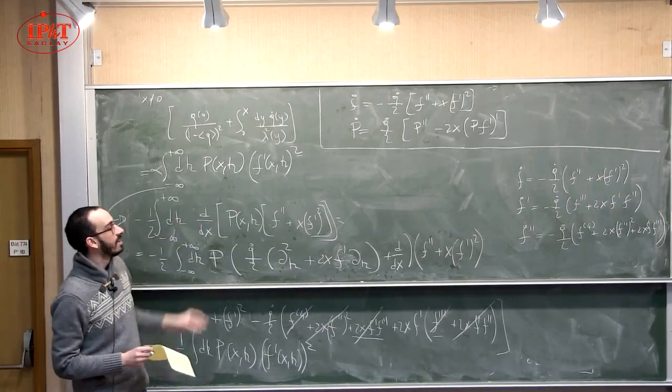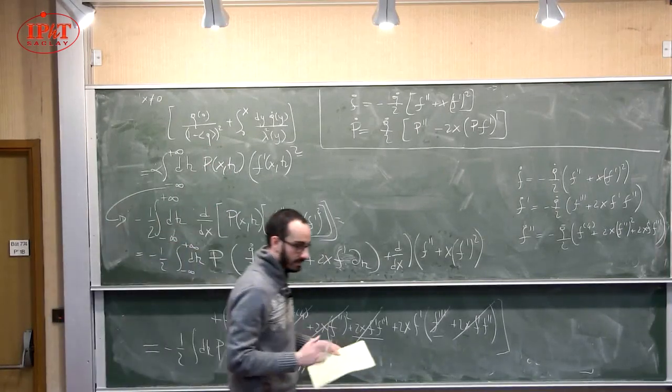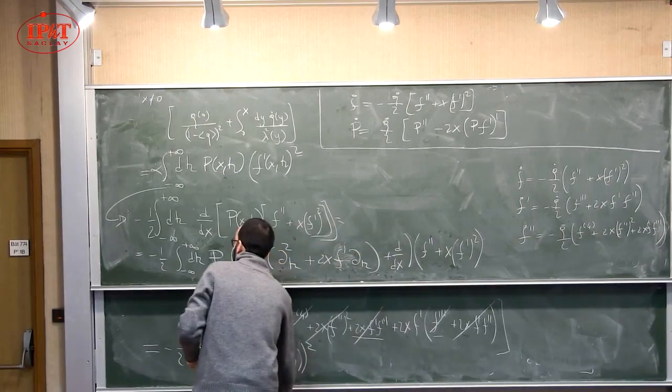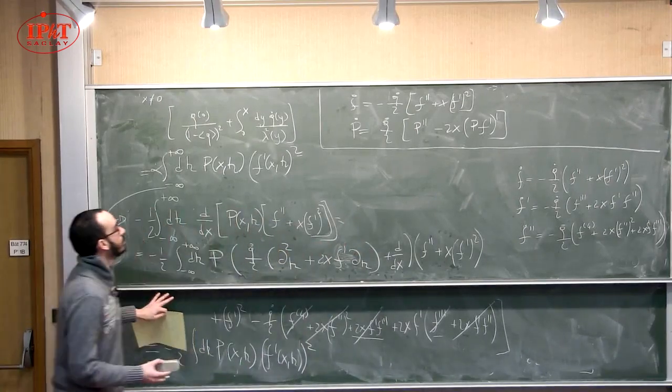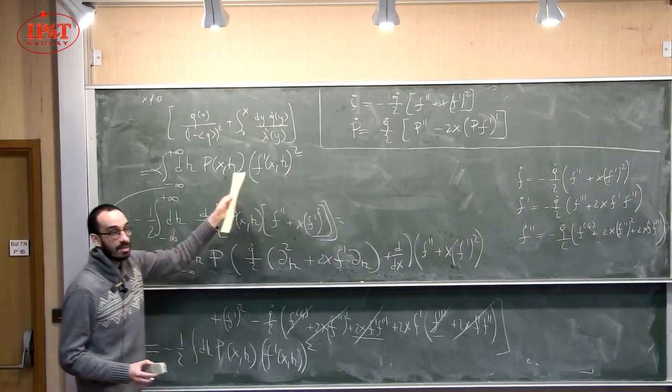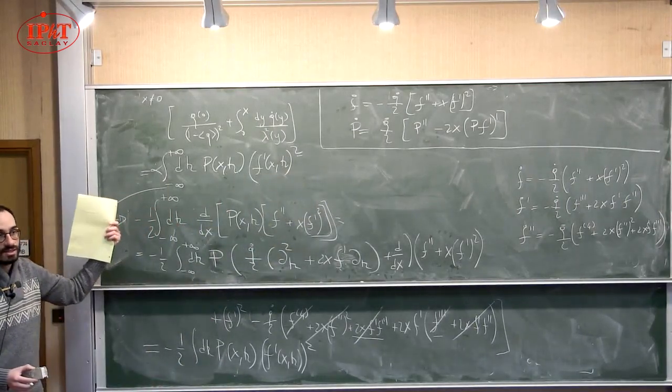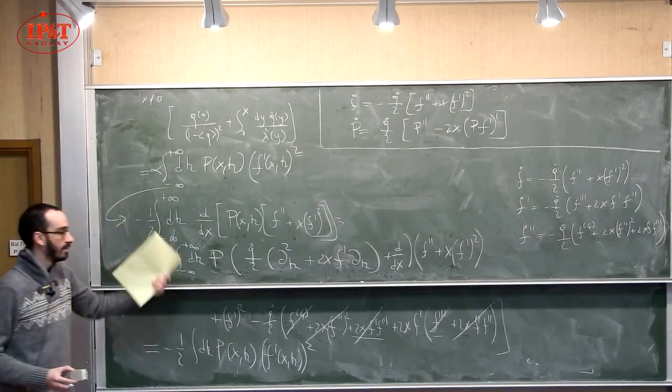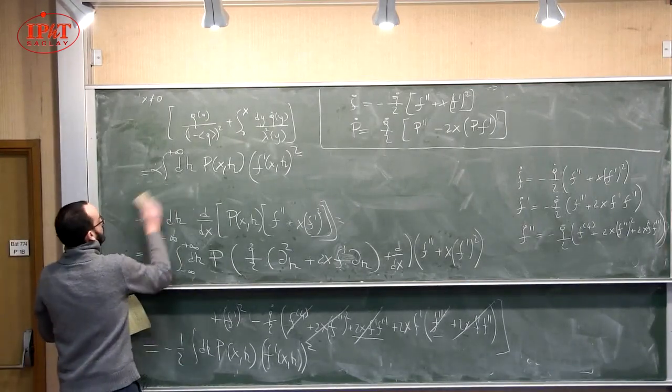Okay. Now, a simple thing that we can do is to check that these two equations just give back the replica symmetric saddle point equation. So how to do this?